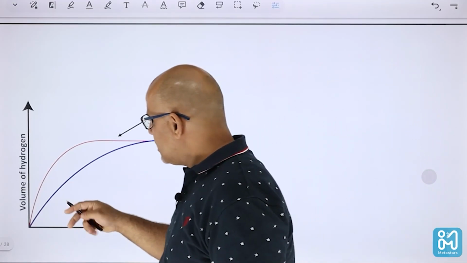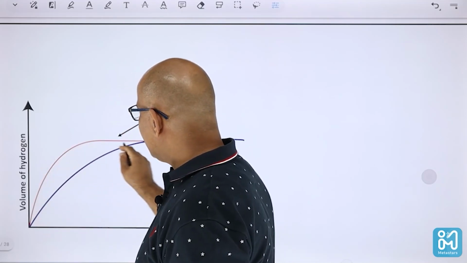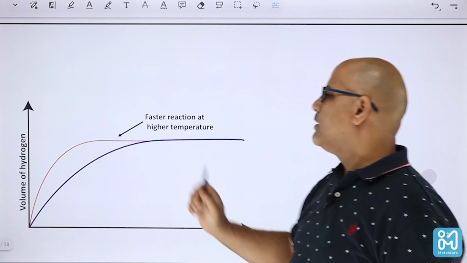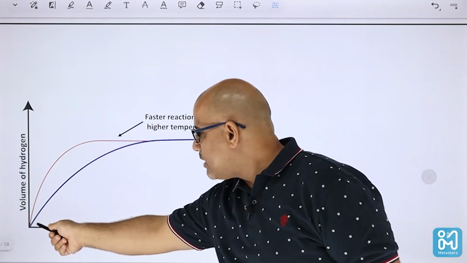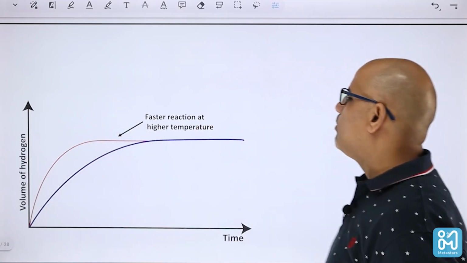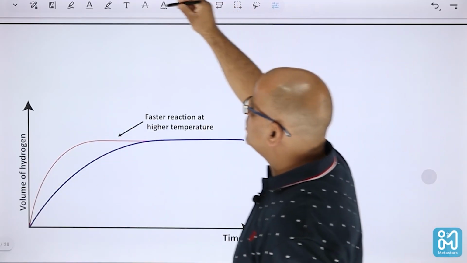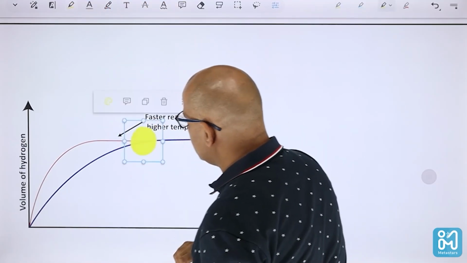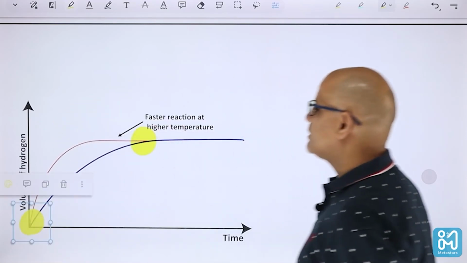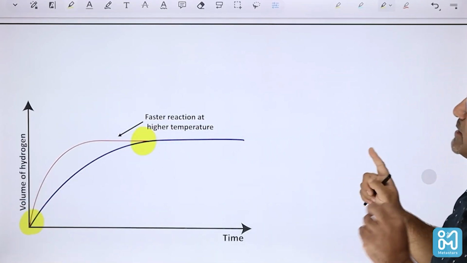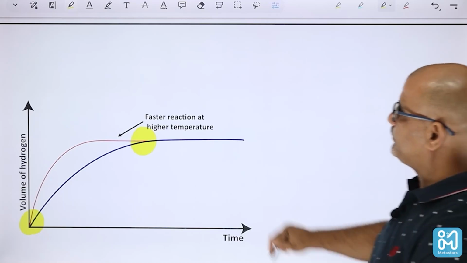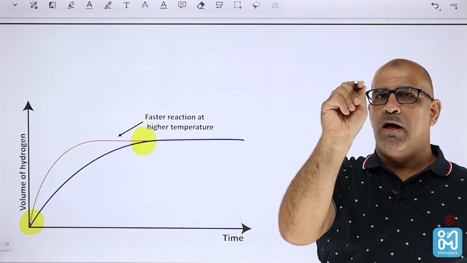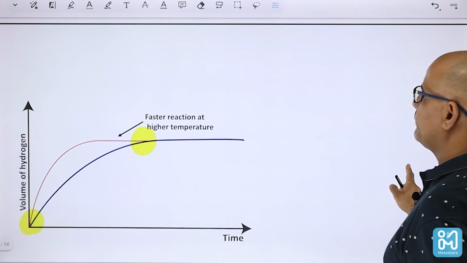You can see that the one in red is the steeper curve, with the higher gradient, or slope of the tangent. But make sure when you draw that you stop at the same volume and you start at the same point. These are two important things, because we are dealing with the same amount of substances.